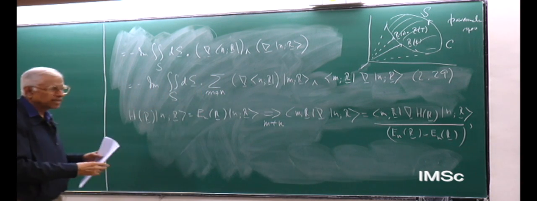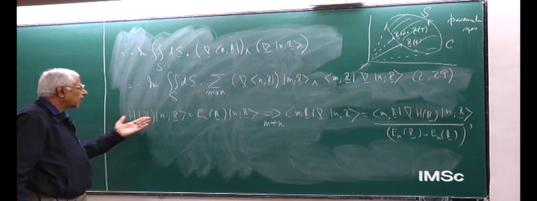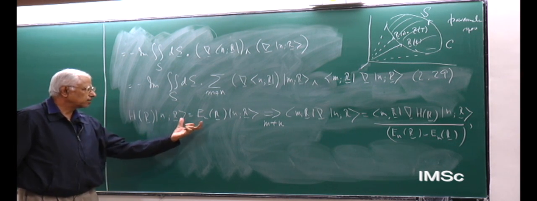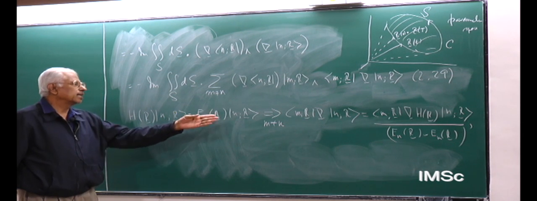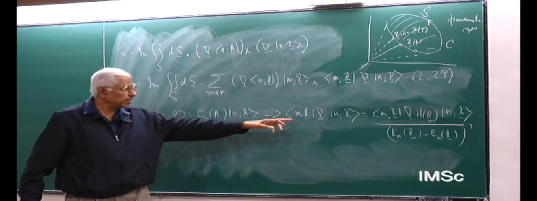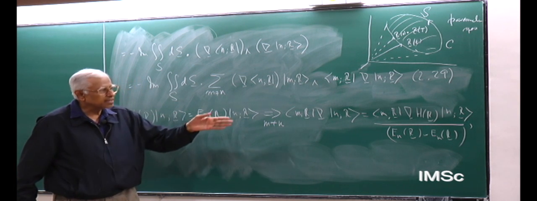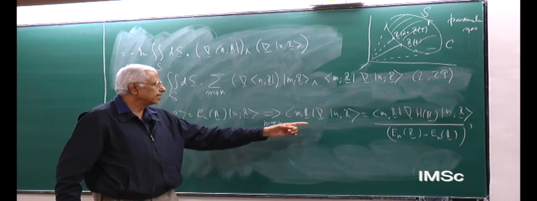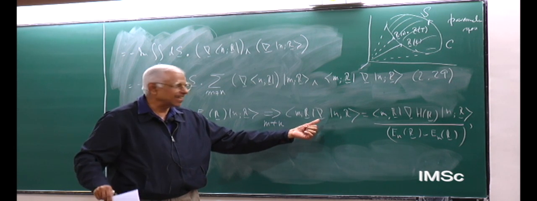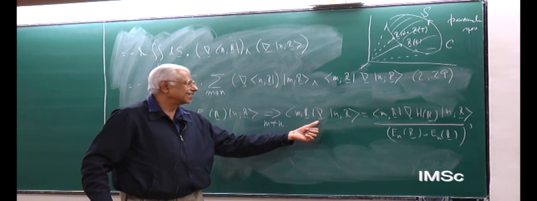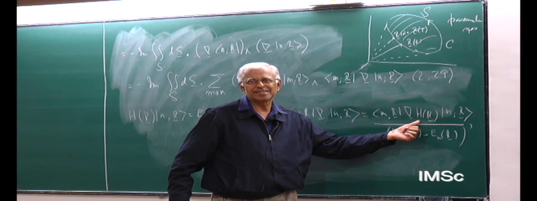Remember the non-degeneracy condition, which is always assumed. So you start from the energy eigenvalue eigenfunction equation, apply the gradient operator, take a matrix element with a different eigenfunction, mth eigenfunction on both sides, rearrange terms, and you find that the expectation value of the gradient operator can be related to a true expectation value in the quantum mechanical sense.